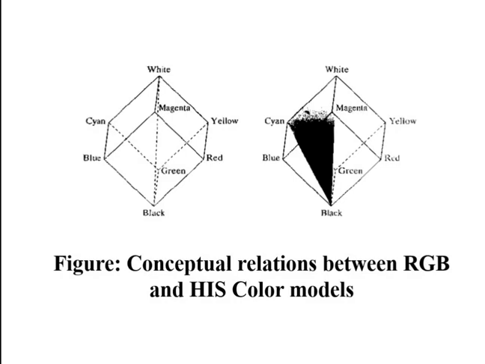In fact, the saturation of the points on the intensity axis is 0, as evidenced by the fact that all points along this axis are gray. In order to see how hue can also be determined from a given RGB point, consider figure B, which shows the plane defined by three points, that is black, white and cyan.